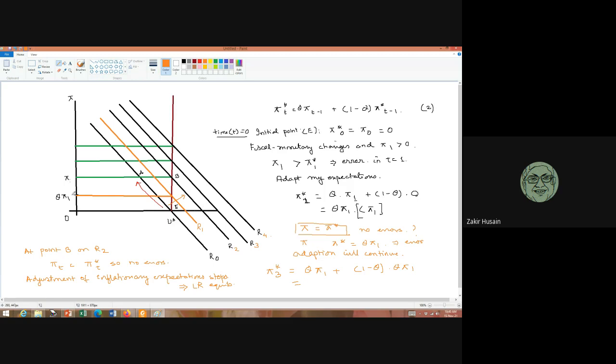So that is why we need the theta pi ones. They represent the short run adjustments. Okay, but if you draw too much of them, it's going to become very confused. That's why I just drew one. So, Upanita, did you understand? And the rest of you? Yes, sir. Yes, sir. Okay.